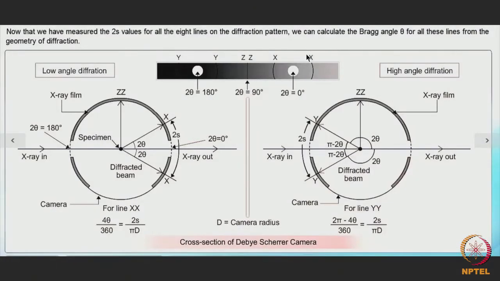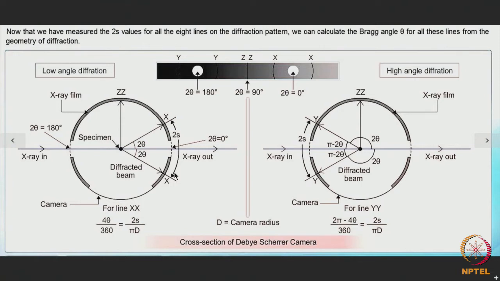Now, if we recapitulate what we did in the description of the Debye-Scherrer method, if we choose a low angle diffraction line, say the plane has given rise to the diffracted beams over here, this distance on the film is the distance 2s, as we have already seen.